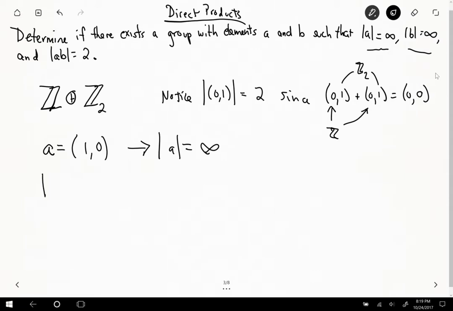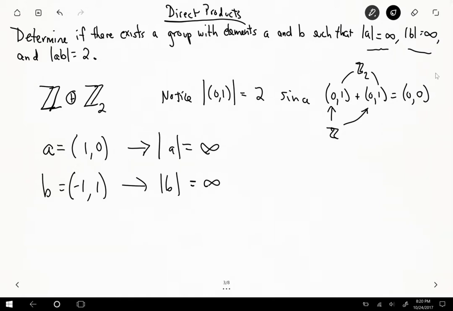In a similar manner, now we need to try and sum it up to where it becomes (0, 1). Well, notice in order for us to have that first coordinate get back to 0, we need a -1 here when we sum up those coordinates. And the good news is, if we take any multiple, k times -1, you're getting negative k, and the only way for that to get back to 0 is if it's equal to 0 itself, so that means it's going to have infinite order. And then the other coordinate, what we're going to need is 1 here. Okay, so the order of b is also infinite.